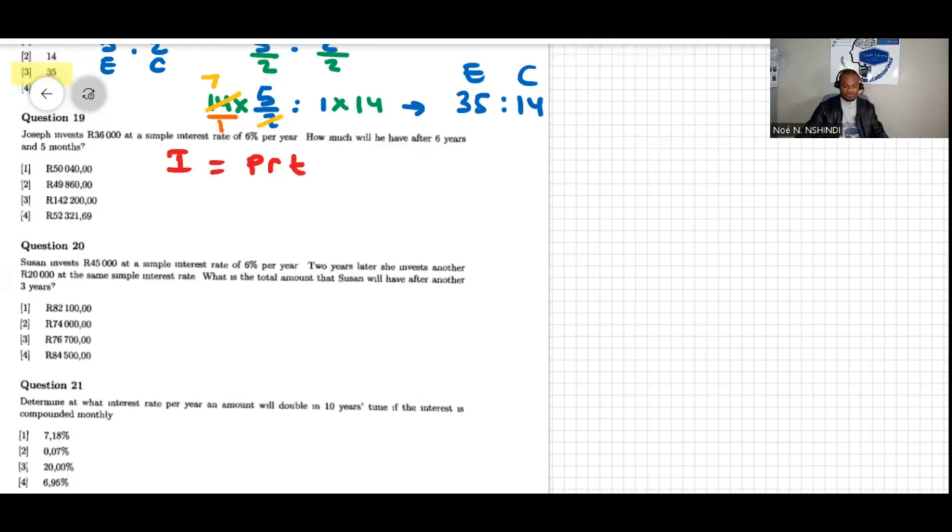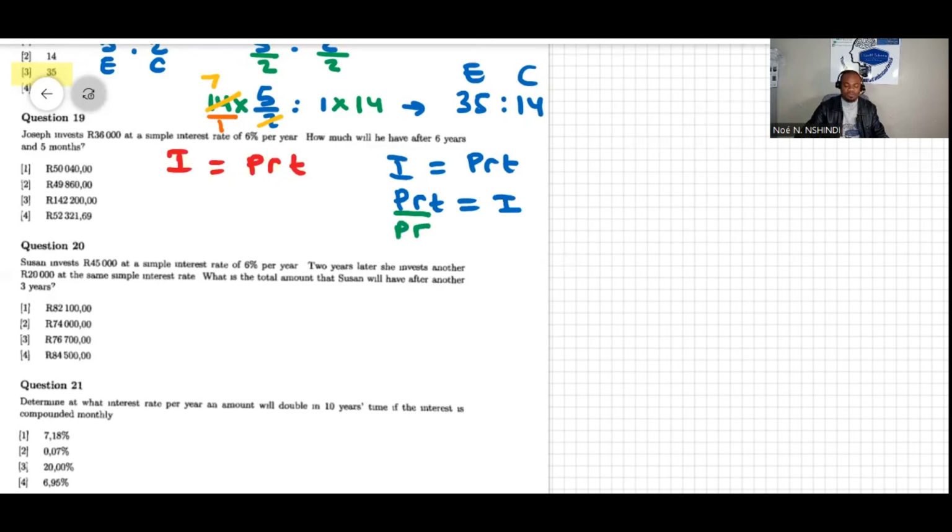Okay, so we have I equal to PRT. If I need this t here, let's first reverse the order. I will switch the sides. I can write PRT equal to I. I switch the sides because I want to keep my unknown t on the left hand side. So if I need t, I can get rid of everything close to t. Over here, I would divide by PR.